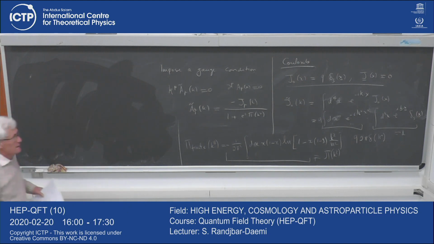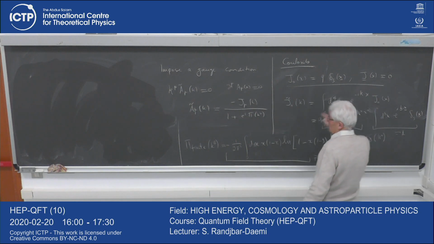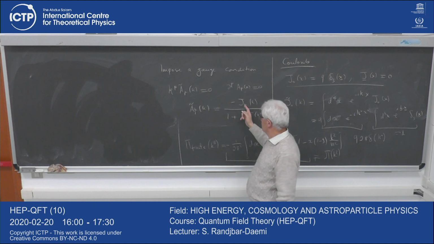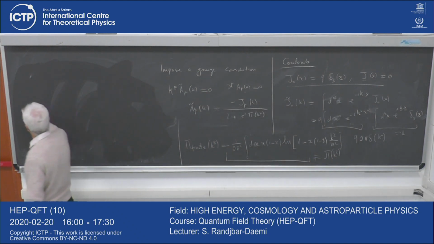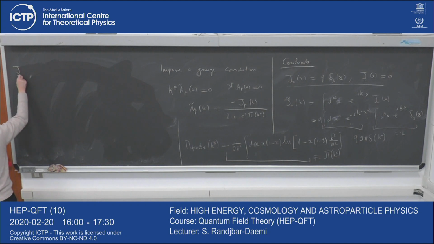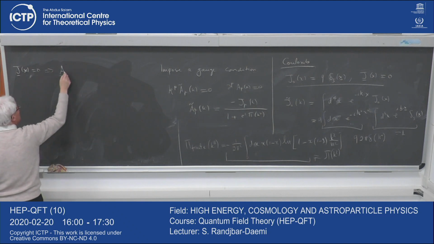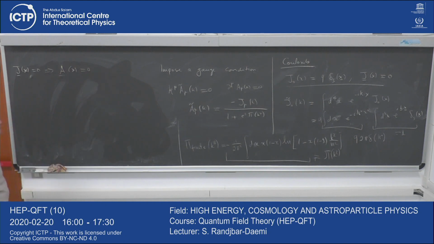So first of all, since the space components of J are 0, if the index mu here is 1, 2, 3, A will be 0. So we see that from J(x) equal to 0, we conclude that the vector A is 0 in space components.